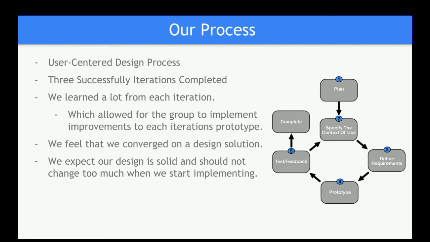We feel that every iteration allowed us to get a greater insight into the project, and we learned a lot from every iteration. Our group feels that our prototype has changed immensely and has improved greatly over each iteration. We're very happy with our final prototype, and we feel that we successfully converged on a final design solution. We expect that our design is solid and should not change too much if we were to begin implementation.